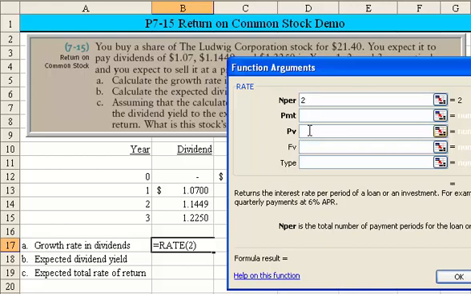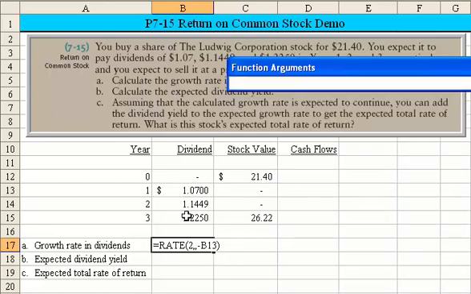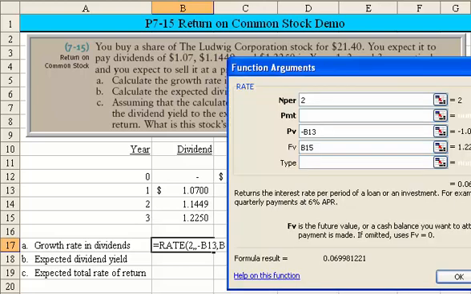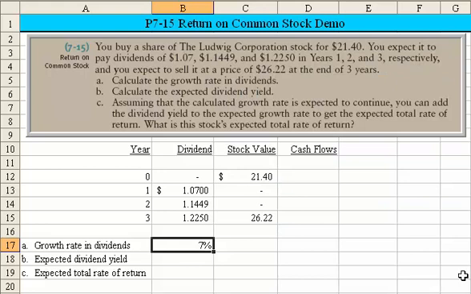There's no payment involved, and the present value, let's enter that as a negative and point to cell B13, and then for future value let's point to cell B15. When we do that, we've entered everything we need to use Excel's rate function to come up with a growth rate in dividends of 7%. Let me get that formatted right.